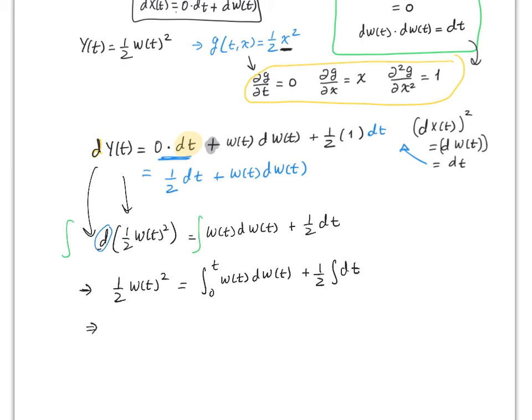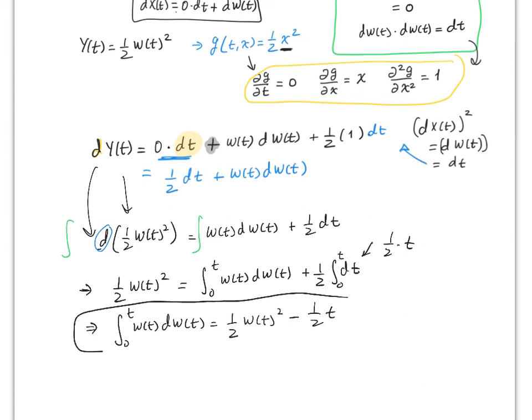So from here you can see that the integral from 0 to t of wt dwt is going to be equal to 1/2 wt squared minus 1/2 times t. This is exactly the same result we got in the previous page, but you don't have to go through any sums or anything like that. So this will be an easier way to know what this integral was.